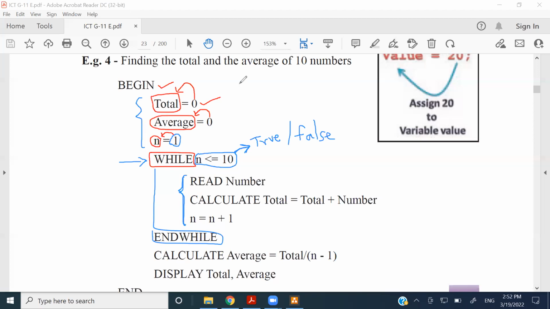Now, when we consider this particular condition, n less than or equal to 10, for the moment the value of n is 1. Let me write it over here. Hold on a second.